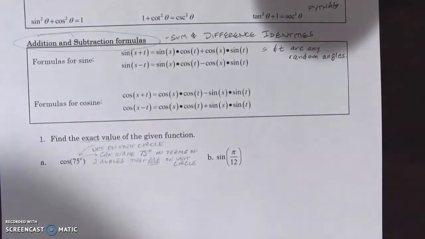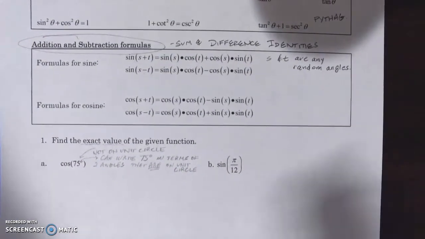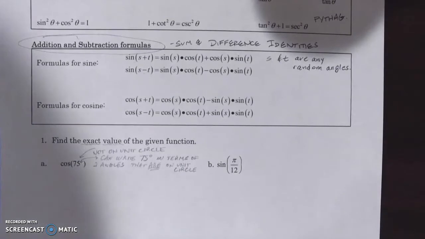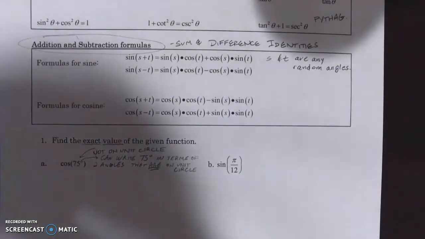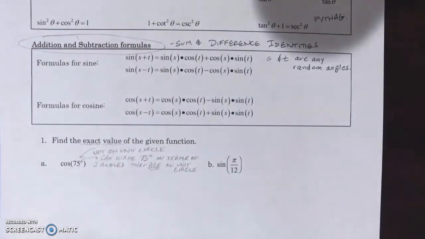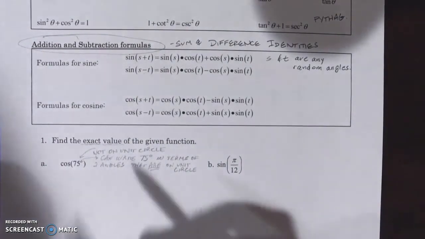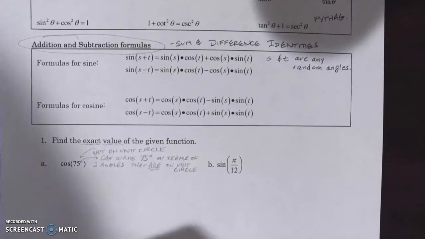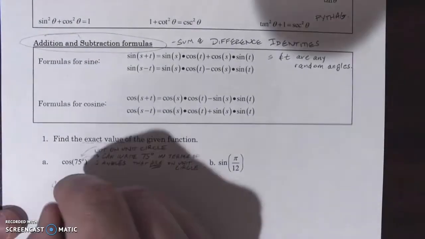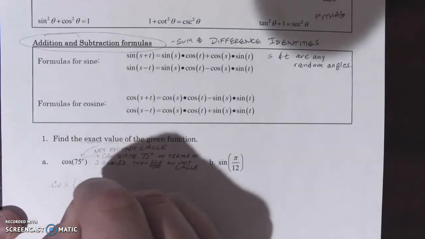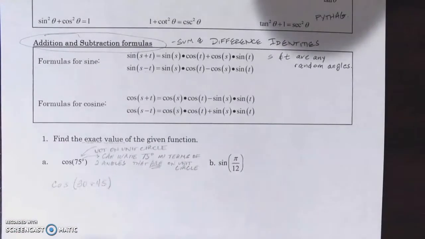Okay, so your goal right now, when you're asked for the exact value of a trig function with an angle measure not on the unit circle, like 75 degrees, is to find two angles that are on the unit circle that could either be added or subtracted, and we're going to rewrite 75 degrees in terms of those two angles. The easiest one in my head here, and there's an infinite amount of options, but why don't we just call it 30 plus 45?